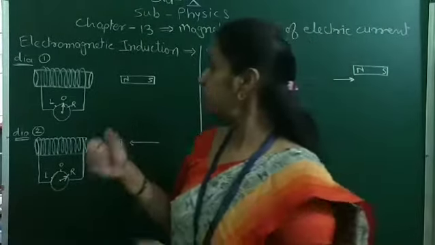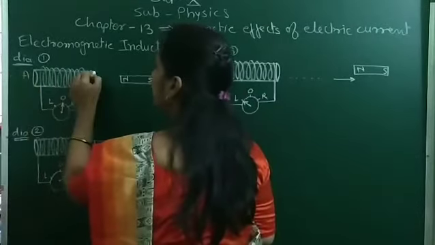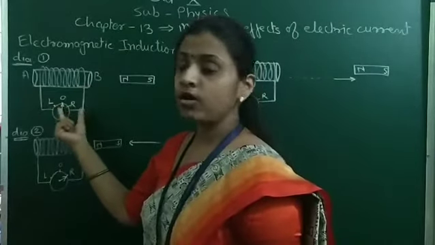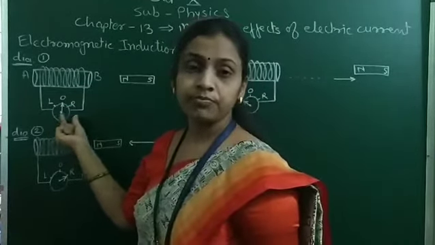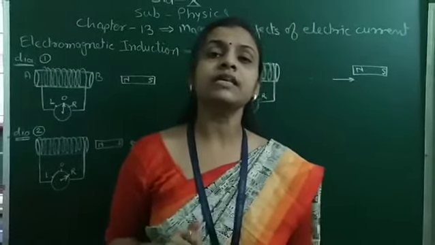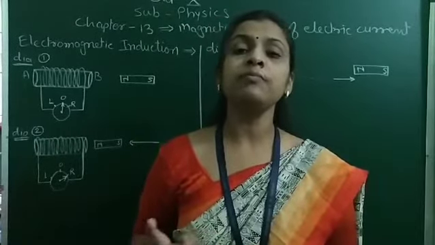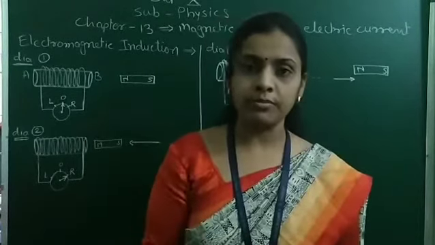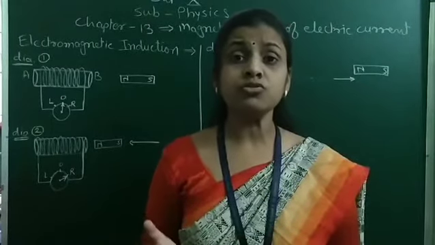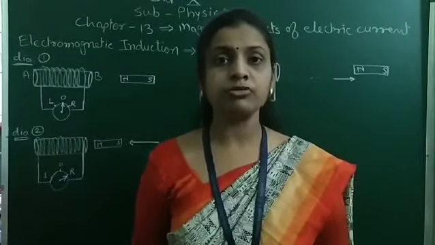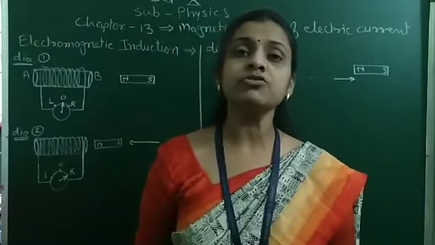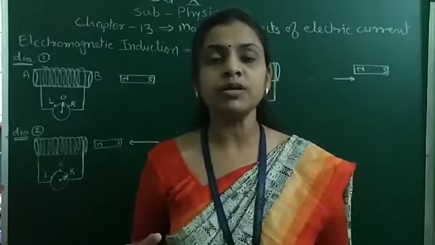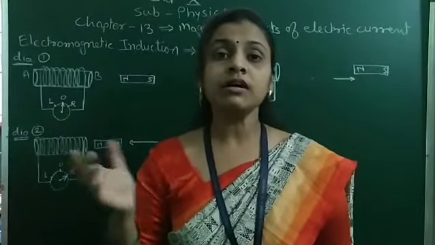Take a coil, suppose this is a coil AB, of a large number of turns, and the two ends of that coil are connected to a galvanometer. Now what is a galvanometer? A galvanometer is an instrument that is used to detect the presence of current. It is different from the ammeter, because an ammeter is used to measure the amount of electric current flowing through the circuit, while a galvanometer is used to detect whether current is present or not.